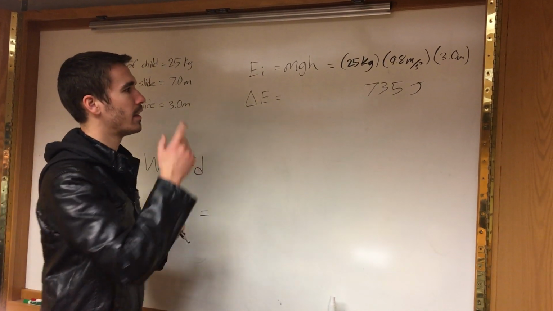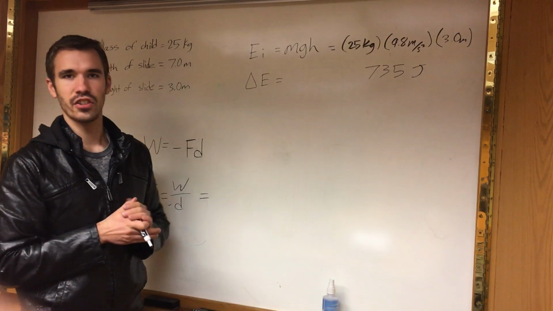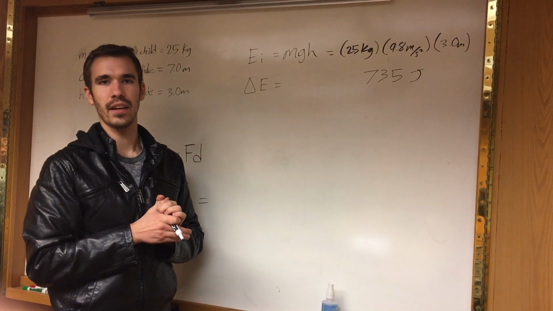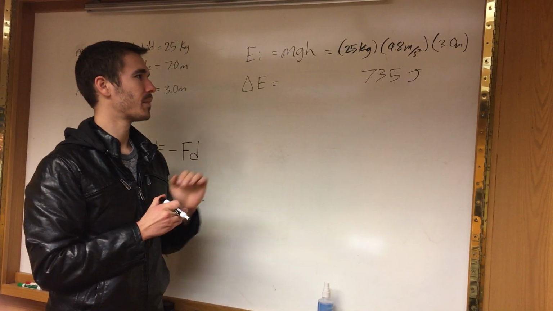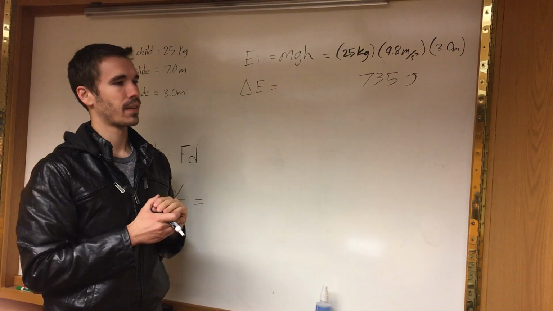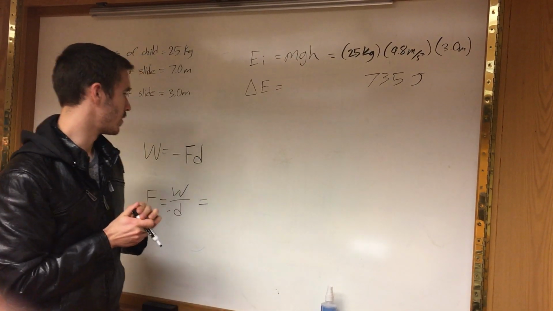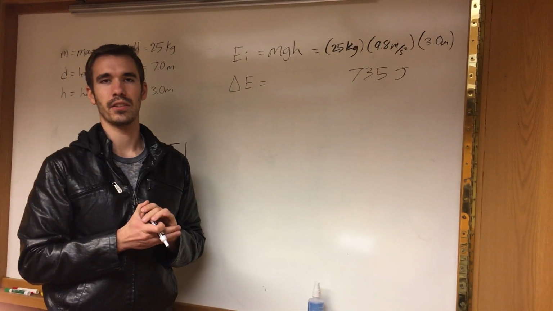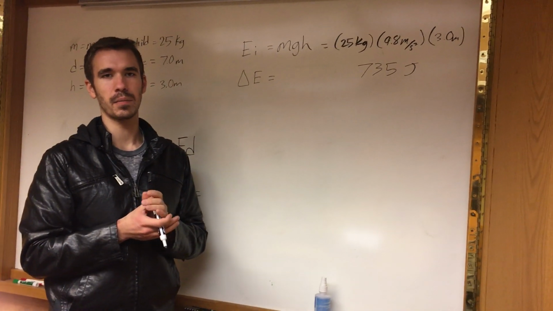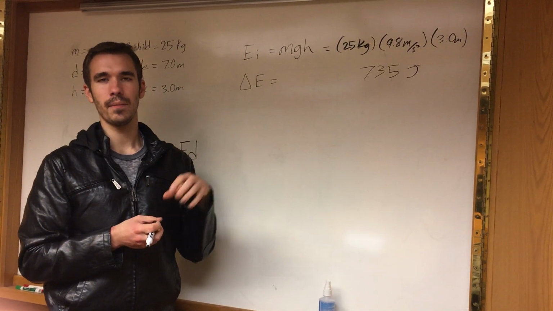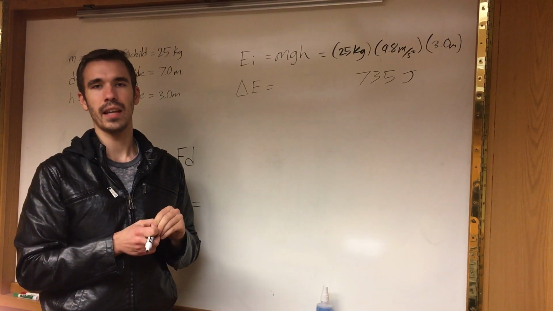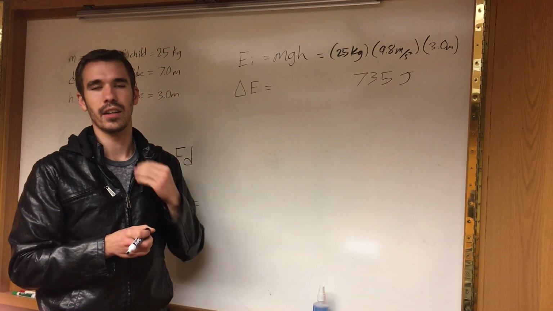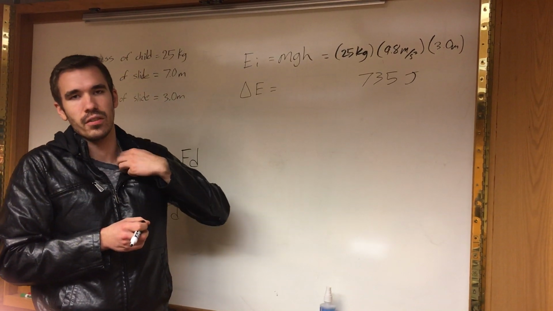So once we have that, we need to calculate the change though in the energy, to calculate what we need to put into this final equation here. The reason why we do that is because when they're going down the slide, it's at a constant speed, but once they reach the bottom, the height is 0 and the gravitational energy is 0 as well.